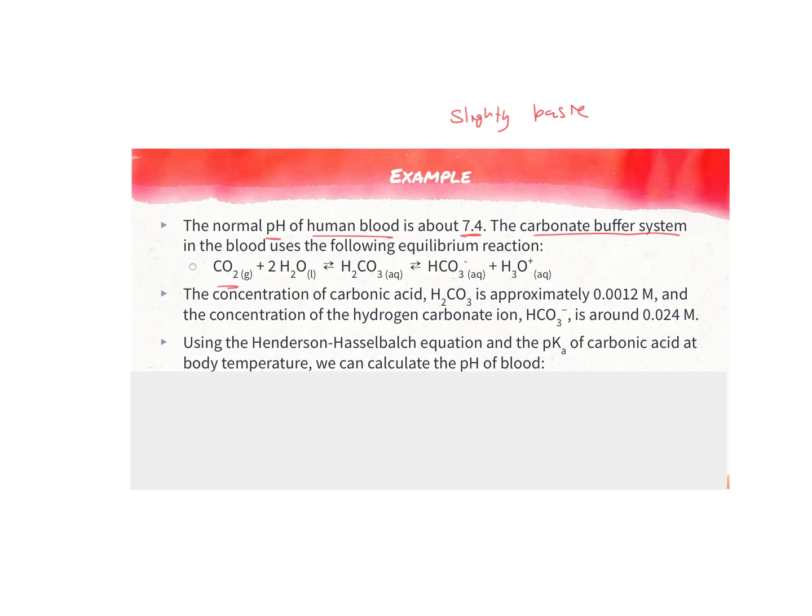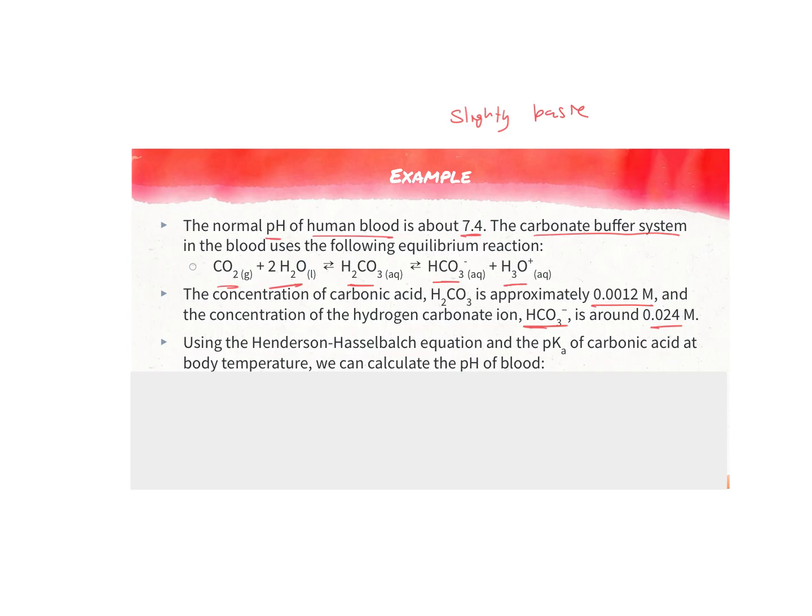The CO2 that we breathe out plus water can make carbonic acid. That can then react to make the bicarbonate anion, which is HCO3-, and H3O+. The concentration of carbonic acid is approximately 0.0012 molar, and the concentration of hydrogen carbonate, or bicarbonate, HCO3-, is about 0.024 molar.